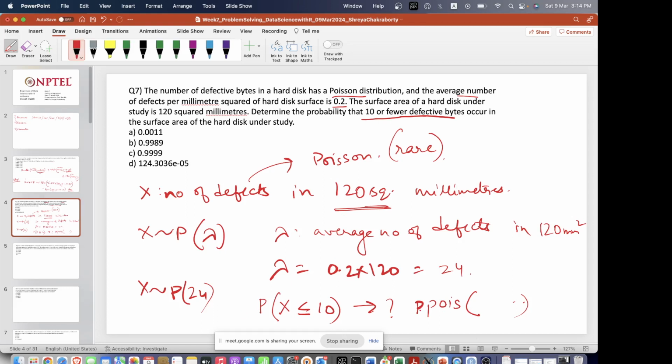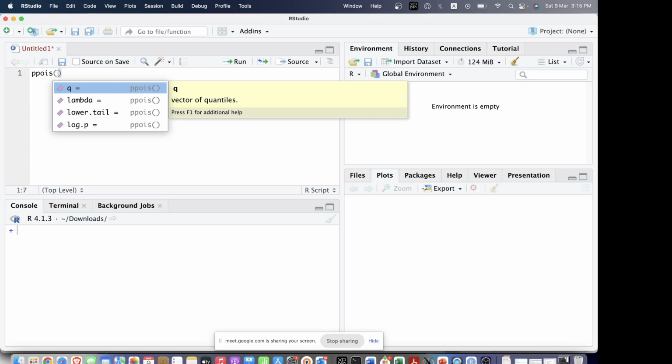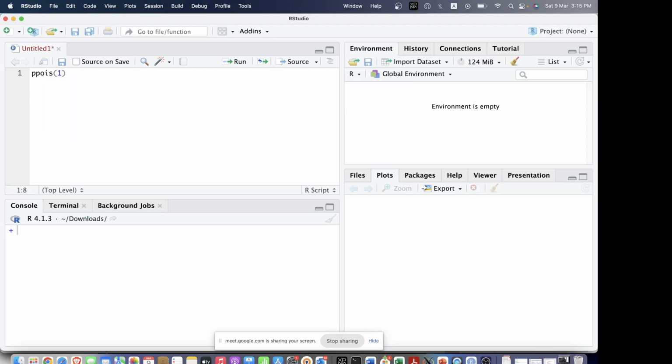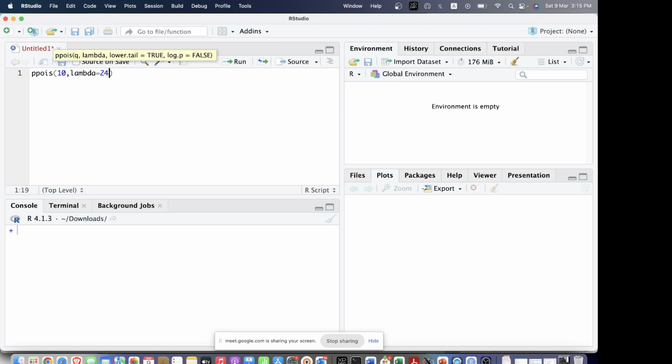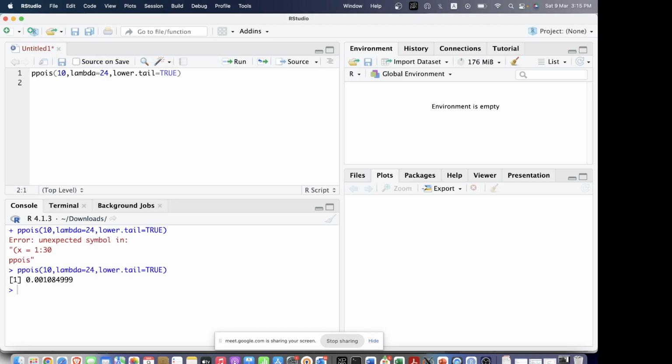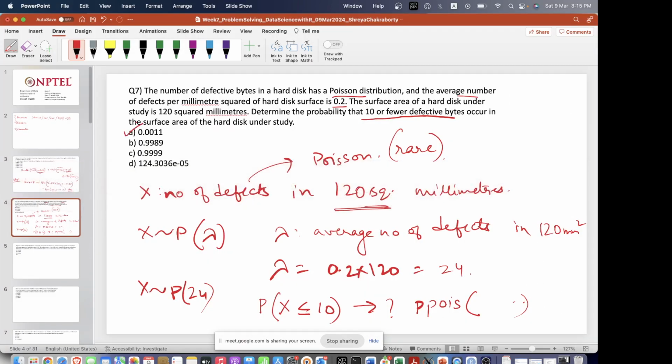This could be done using ppois. So we'll write here ppois, and then what we have to mention here is X equal to 10, and lambda would be 24, and lower.tail would be TRUE. So it would be 0.001. Alright.